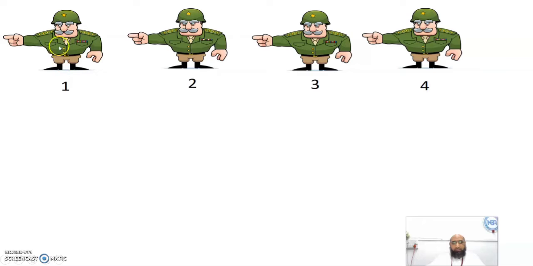As you are seeing, suppose there are four generals, 1, 2, 3, 4, at different locations. The only thing that will make them win is that they attack at one set time. If all four attack at that time, then only they will win.